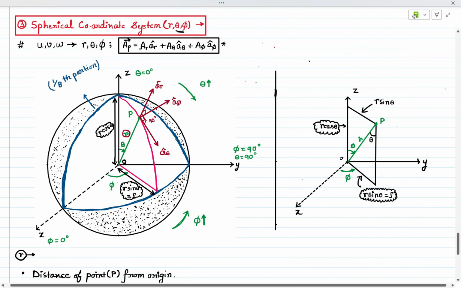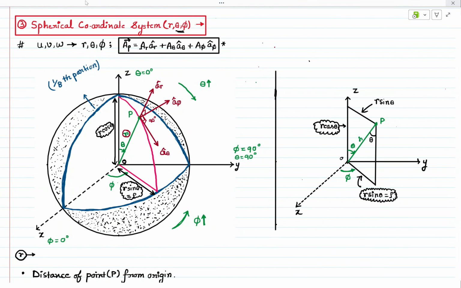You have already seen that the unit vectors, that is the directions of r, theta, phi, are orthogonal to each other. You know that. I have already discussed it in my last two or three videos, about rho, phi, z and the x, y, z unit vectors also, right?